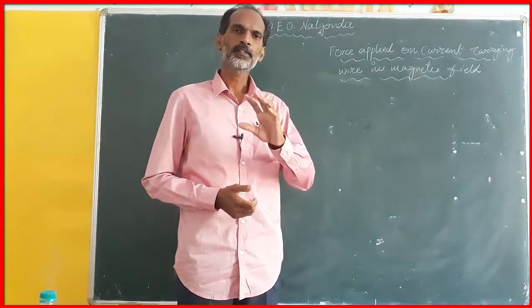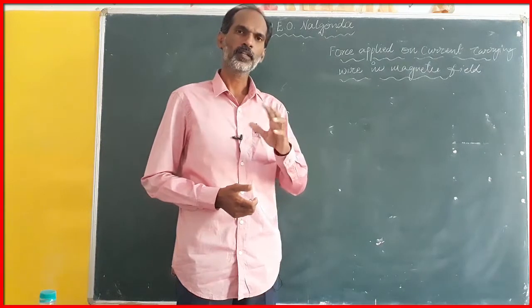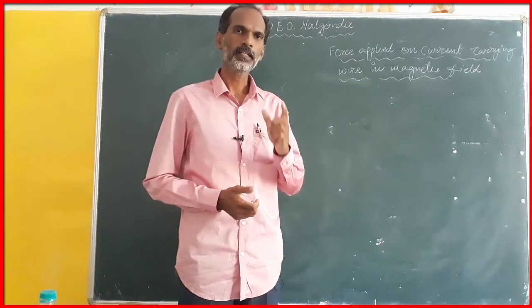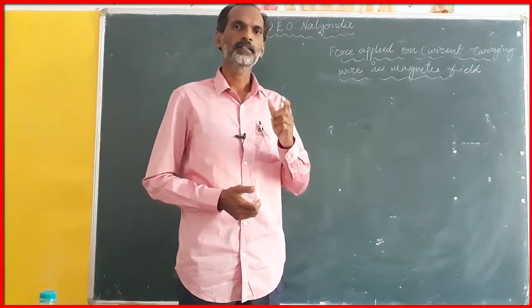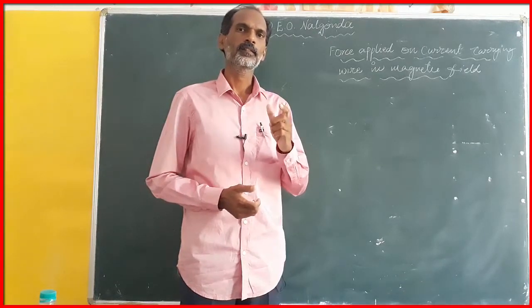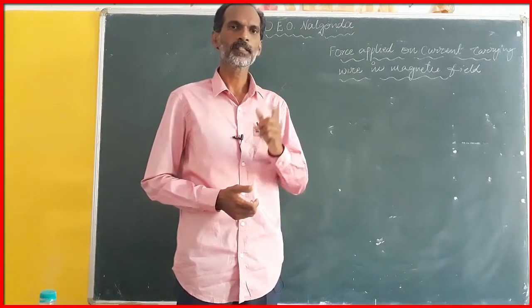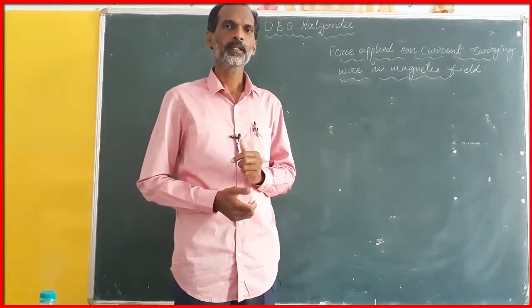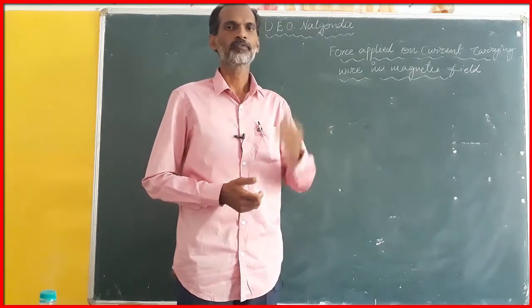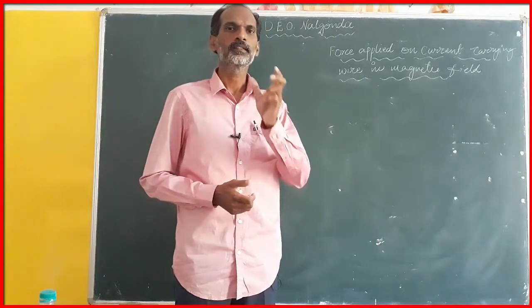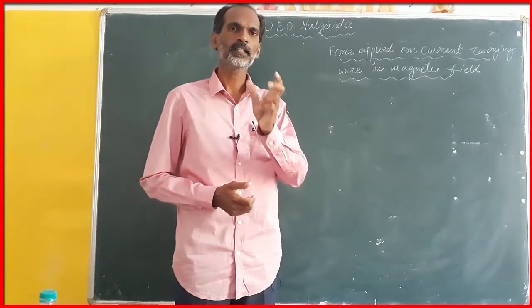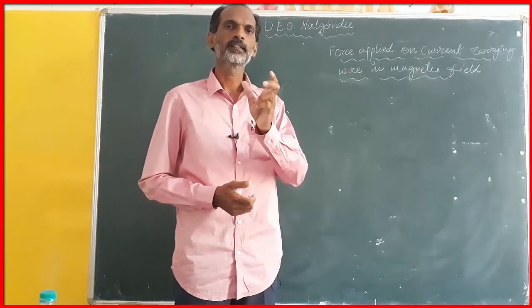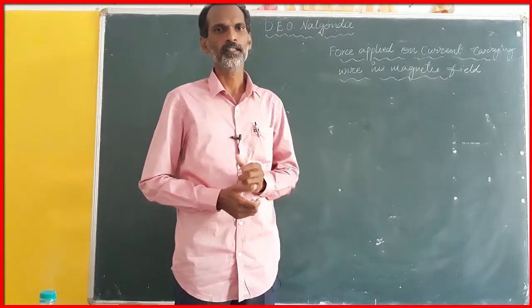There will be two magnetic fields, because we have already seen that while current is carrying in a conductor, that conductor behaves like a magnet. It means a magnetic field is produced around the conductor. Since it is already placed in a magnetic field, there is an impact of these two magnetic forces. Due to that, a force is applied on the current carrying conductor.